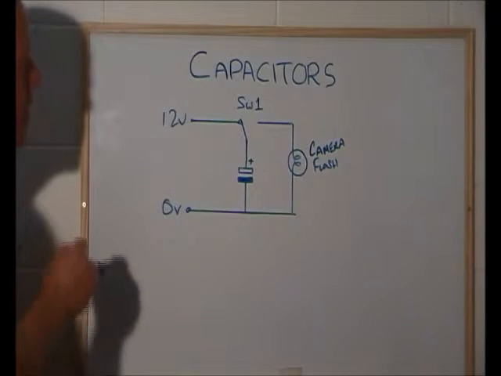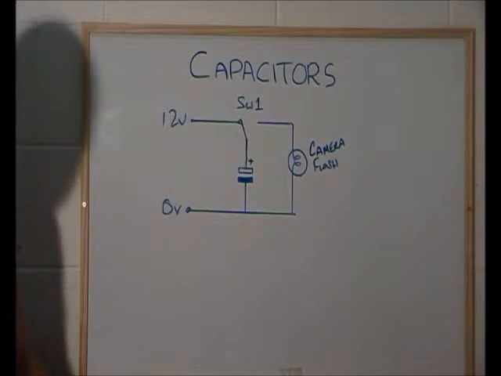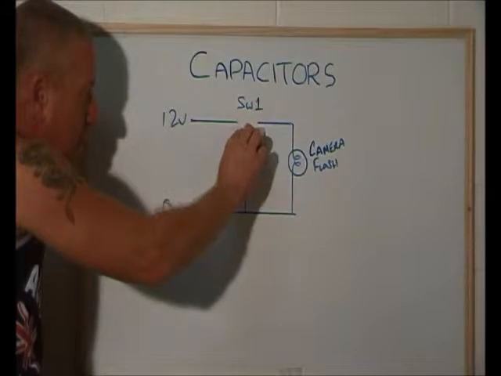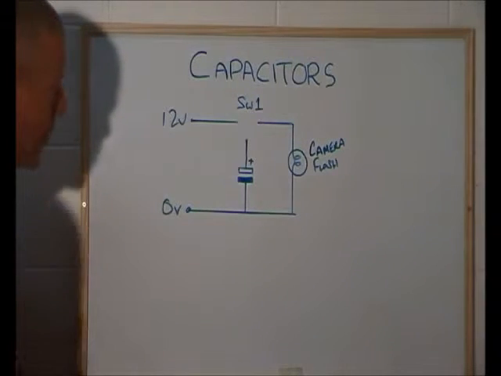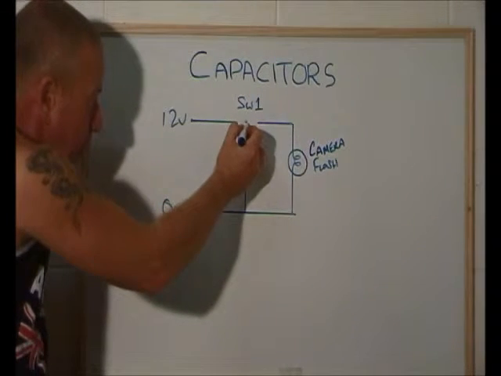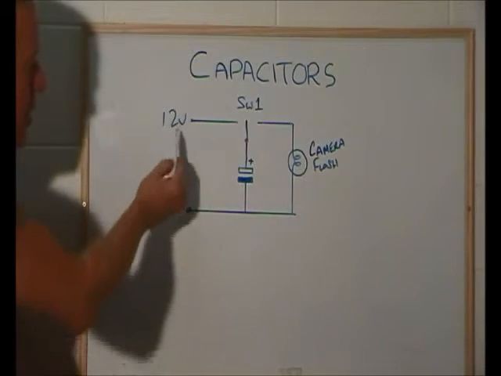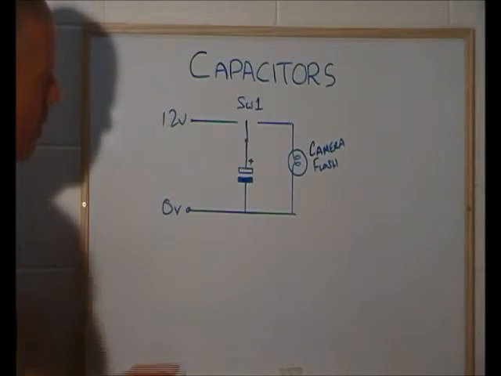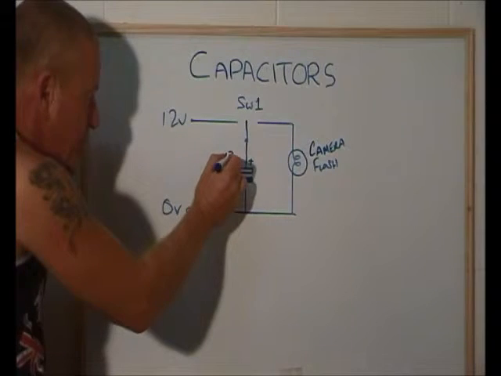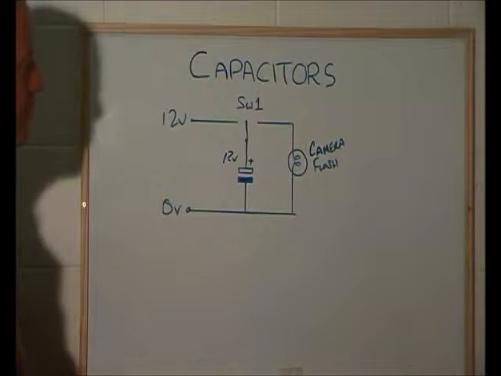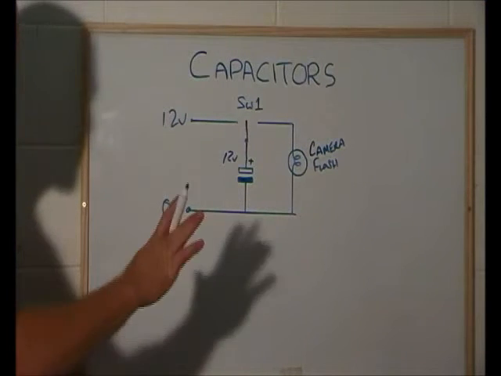So if we were to take our switch, like that, that's our switch, and we just put it at midpoint here, it's no longer connecting the cap to the 12 volt rail. Our capacitor is holding 12 volts across it with a large charge, doing nothing at the moment, just sitting in air.